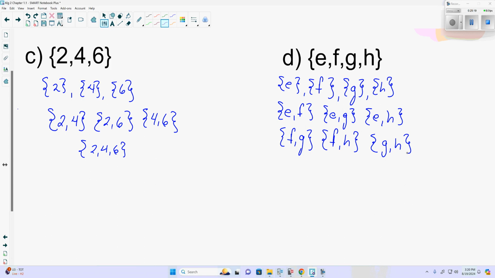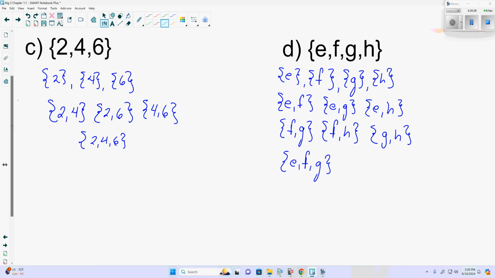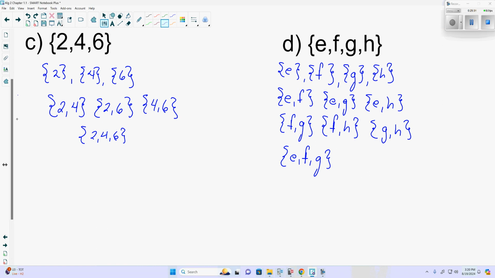Sets of 3, well, we could do E, F, G. The way we do this is going to depend on how you want to keep track of it. I just keep the first 2 the same and change the last one as far as I can.